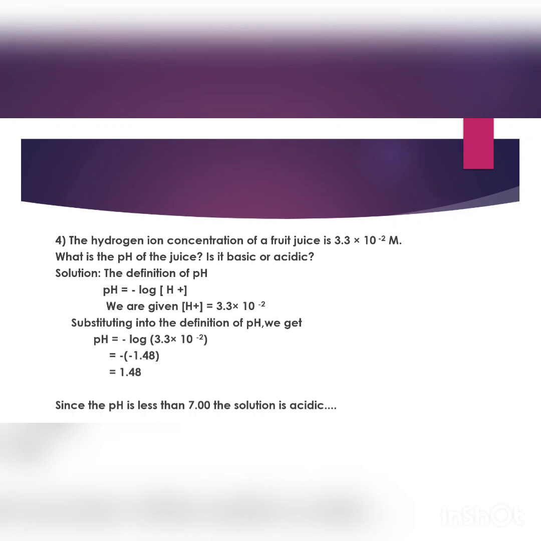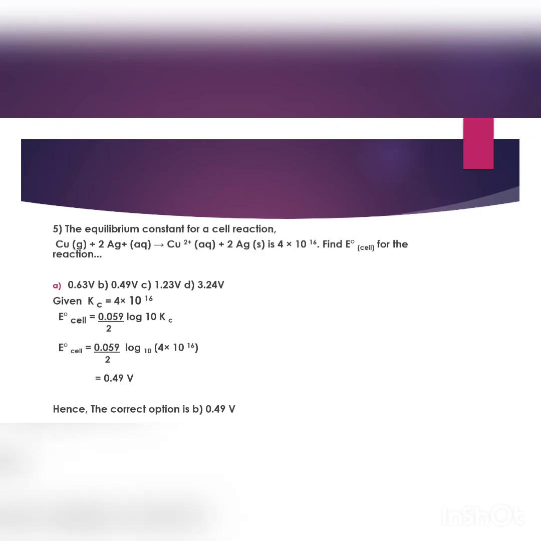On substituting into the definition of pH, we get pH is equal to minus log into 3.3 into 10 raised to minus 2. Hence, on further simplifying, we get the answer as 1.48. Since the pH is less than 7, the solution is said to be acid.